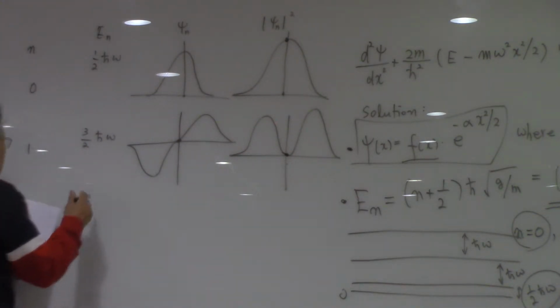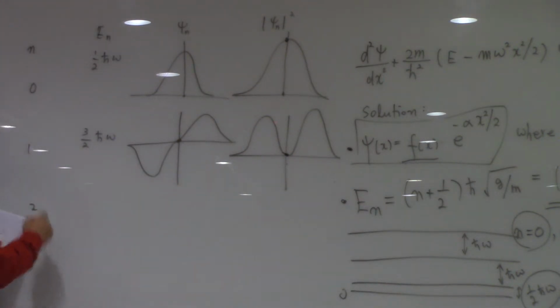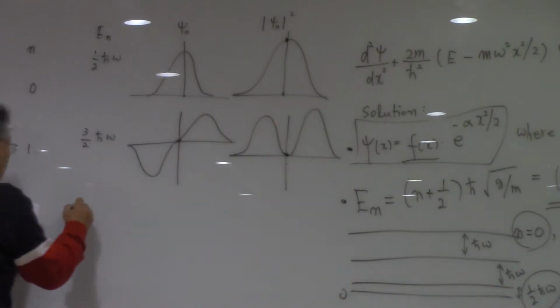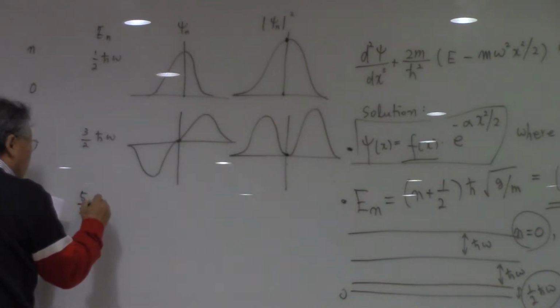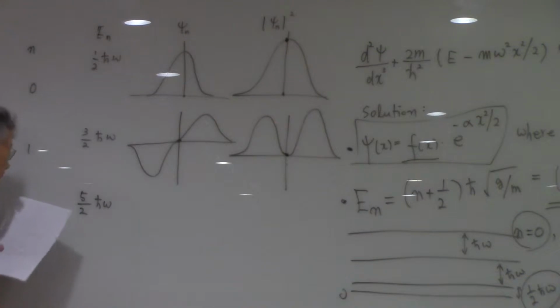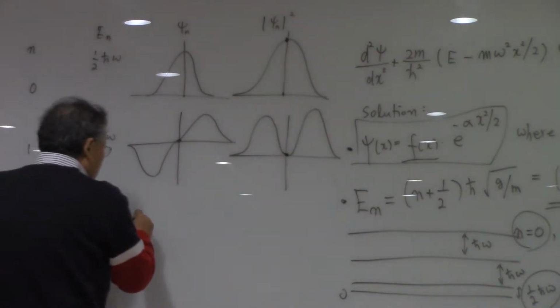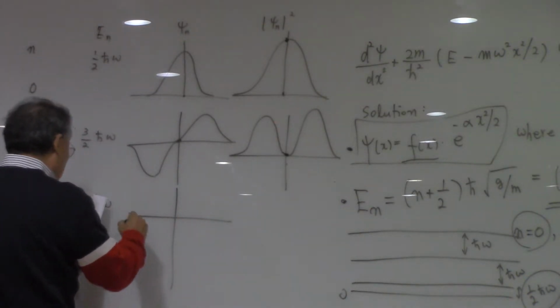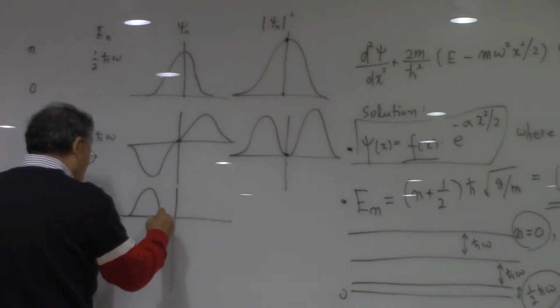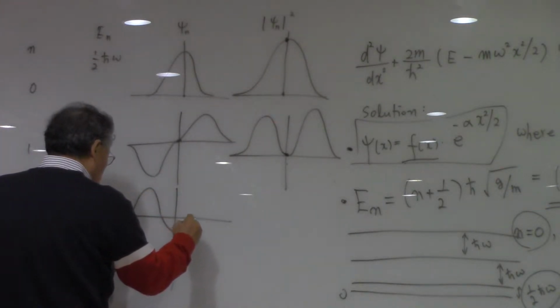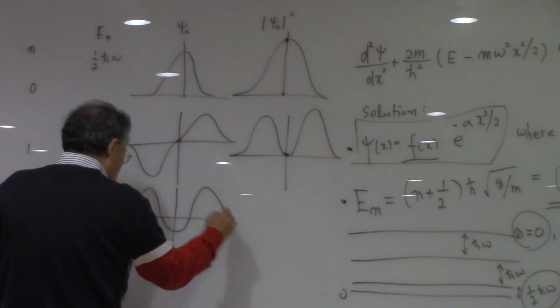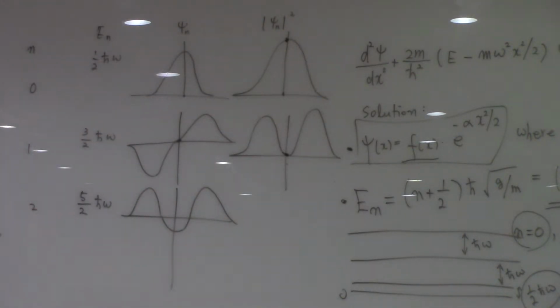Now let's see what happens if it is excited more. Then we are going to have 5/2 h bar omega, and then this wave equation now becomes something like this, okay?